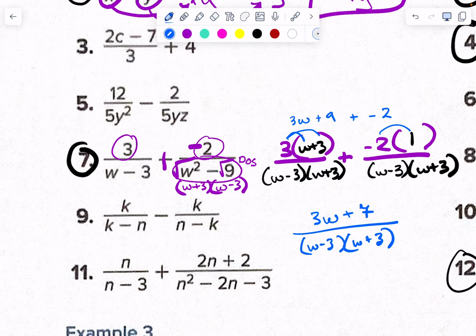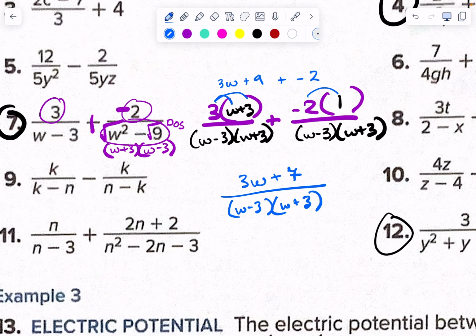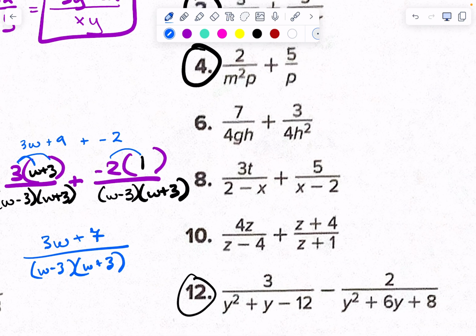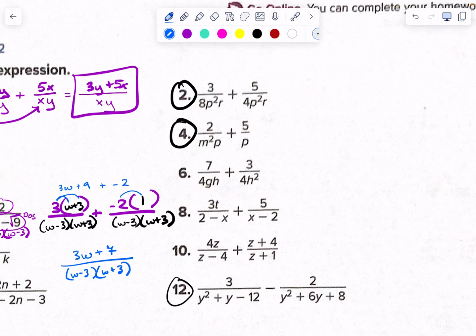Write some of it out. Some of it I realize you can do in your head, but be careful. You only have 3 homework problems, and you have like 15, probably 20 minutes to get it done. So work thoroughly, do a good job, and then you will be done.